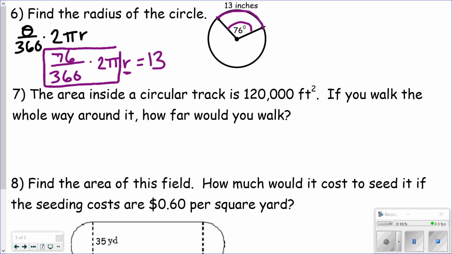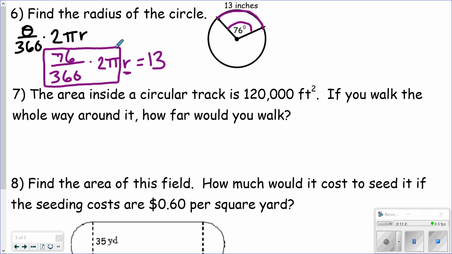We can either plug this in our calculator and round, but to be the most accurate, and since this is a Polaris quiz, we have to be careful where we round because it might mark our answers off if we're a little off with our rounding. We know that if we're multiplying r by all of this inside the box, then to get rid of multiplication, I'm going to divide by everything in that box.